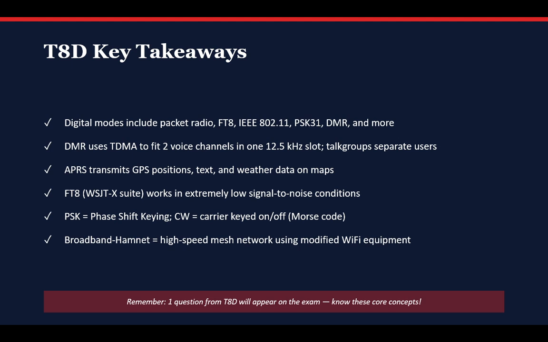FT8, the WSJT-X suite, works in extremely low signal to noise ratio conditions. I think the test question said something to the effect, or maybe one of the summaries, that it could hear negative 20 dB. I think the weakest signal that I ever got was a negative 26, and that one took some work.